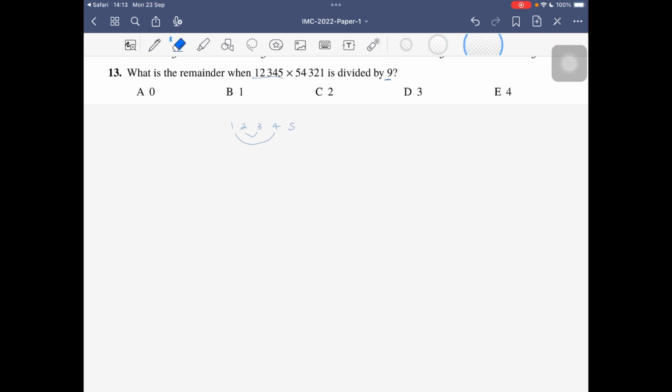So for example, 1, 2, 3, 3, 0, 9. Yeah, this is a multiple of 9. So let me write plus 6, for example. So this is already a multiple of 9 plus 6.